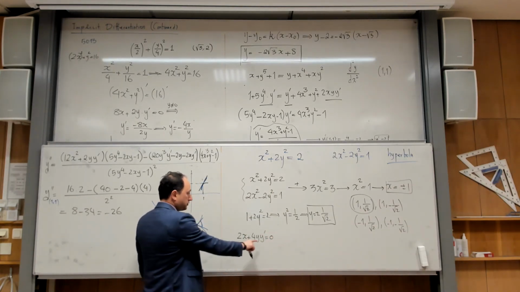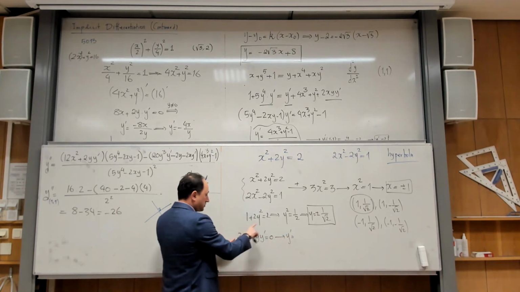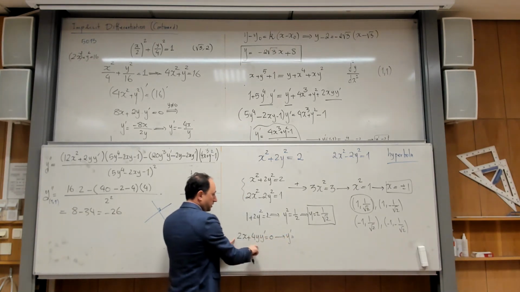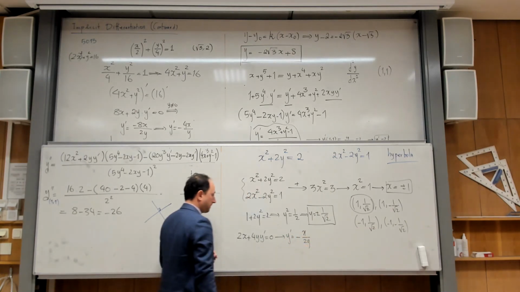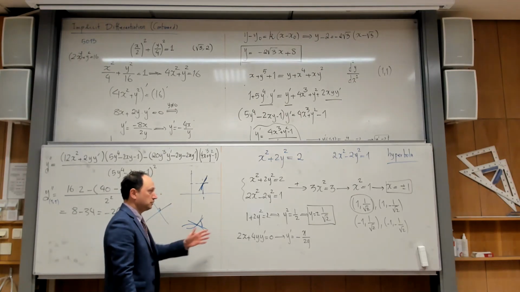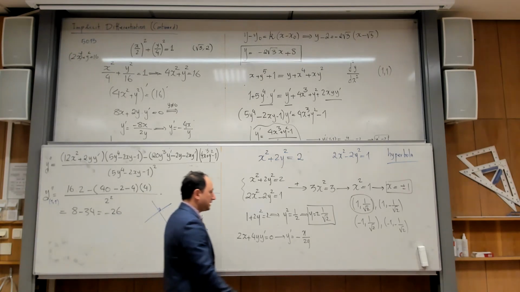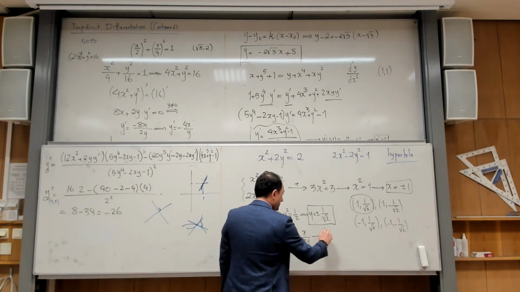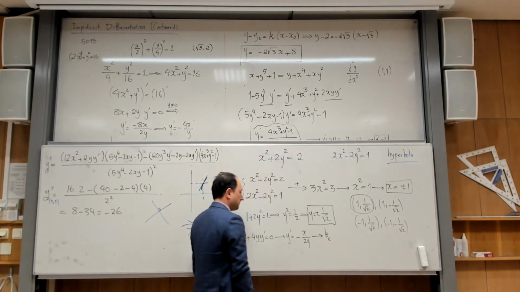Okay, I want to find y prime, which I move, minus 2x divided by 4y, which becomes minus x divided by 2y. Provided that y is not 0, but I'm not worried because y is not 0. Okay, so what is the k value? Let me write the k value. So this is an ellipse, so let me write k of ellipse, okay?